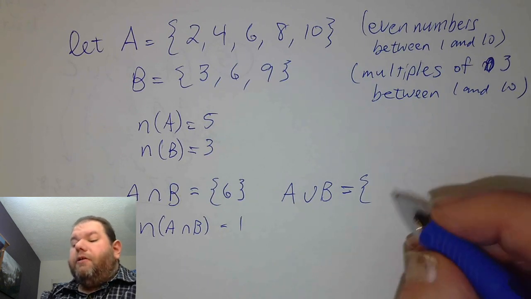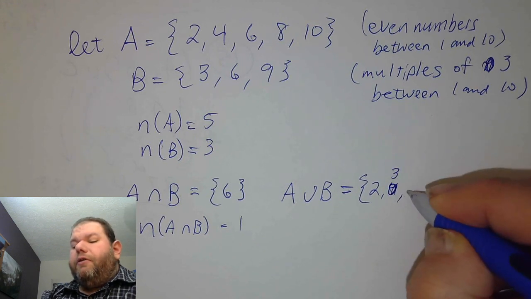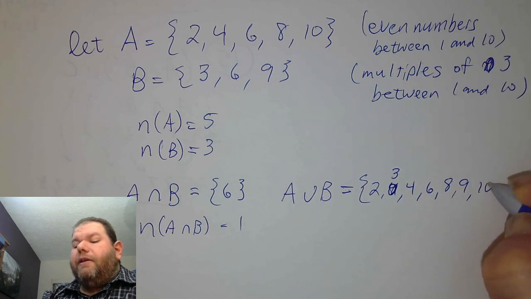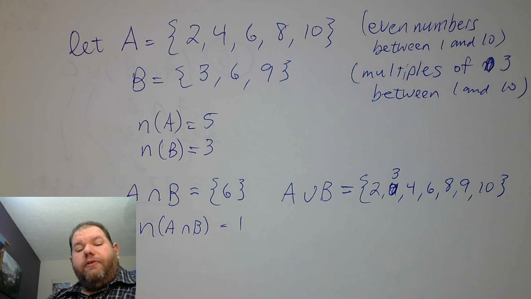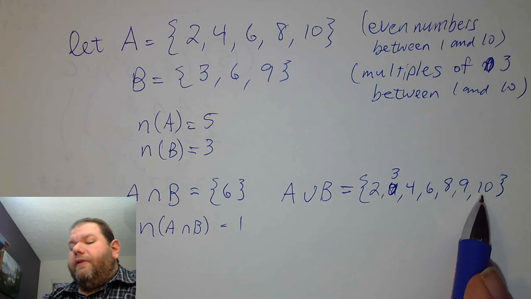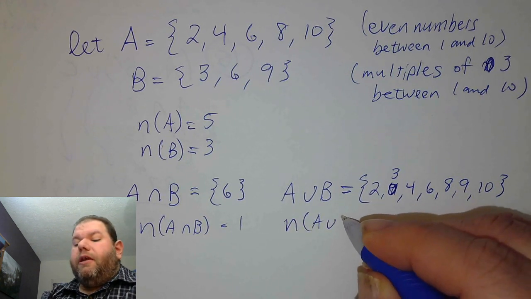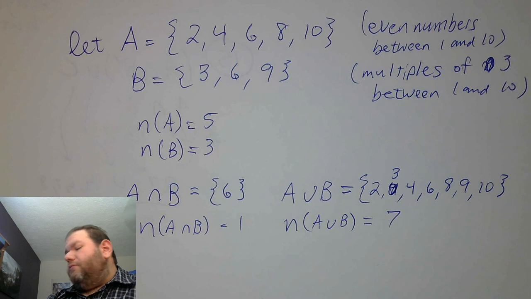Yeah, so A union B, we have 2, 3, 4, 6, 8, 9, 10. We'll get to the Venn diagram. I want to do it separate from the Venn diagram first. So the number of elements in A union B is 7.